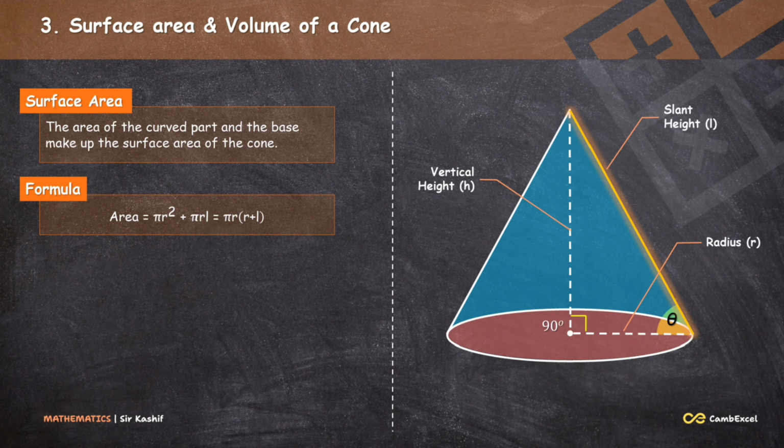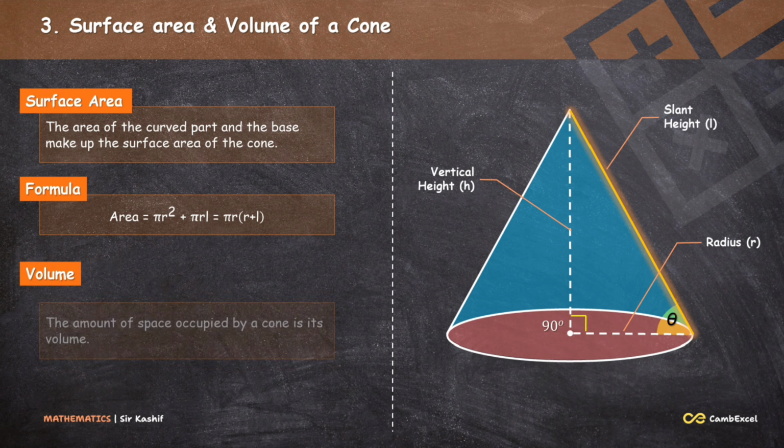And then we have the area of the curved part, which is pi r l. So in order to find the surface area of a cone, we have to add both these areas. The formula turns out to be pi r square plus pi r l. This formula can also be rewritten as pi r times r plus l.